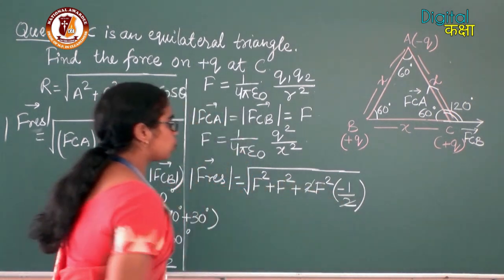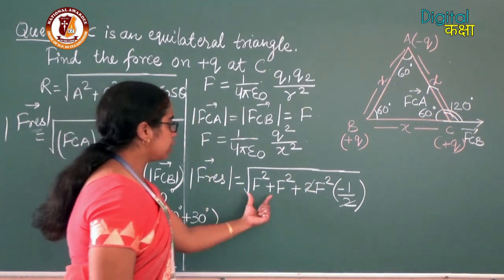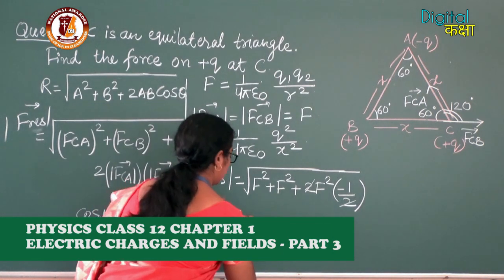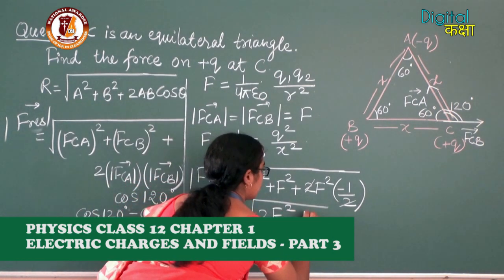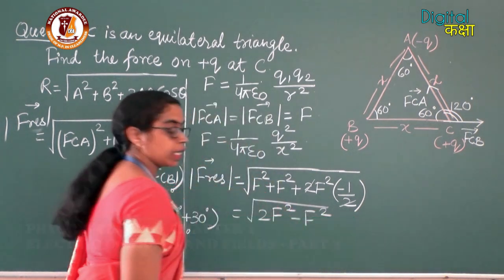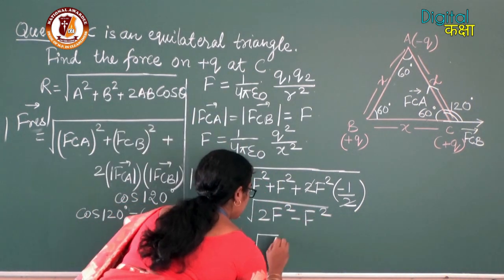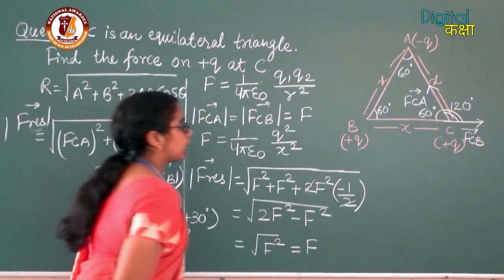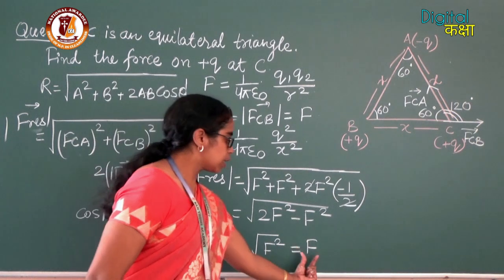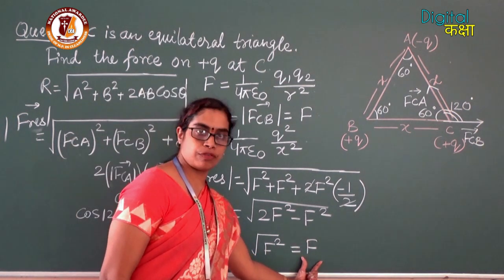This 2 and this 2 will be cancelled. So this way, after solving, we get the value 2F square minus F square, which is equal to under root F square, and further solving it, this value comes out to be equal to F.